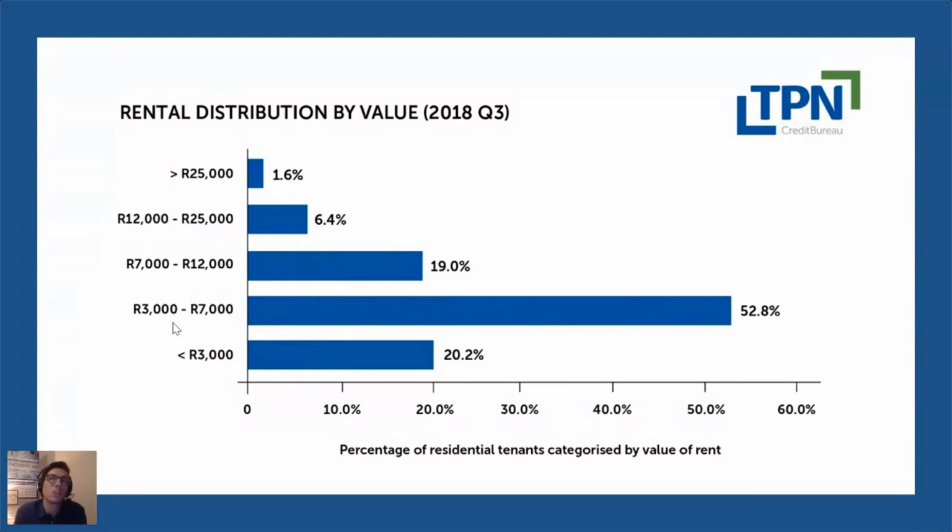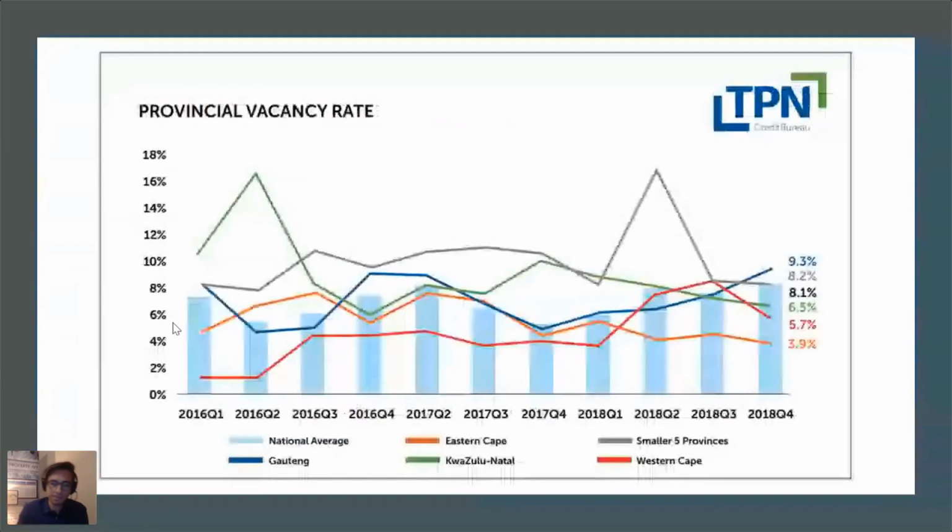That's why Berea makes so much sense from a financial point of view, because it's close to the economic hub. People want to stay there. There is a lot of demand. There's a lot of low-cost housing, and people can afford to live there. That is why, ladies and gentlemen, not based on an opinion, not based on what I think or feel, based on the numbers, that is the market you want to be chasing.